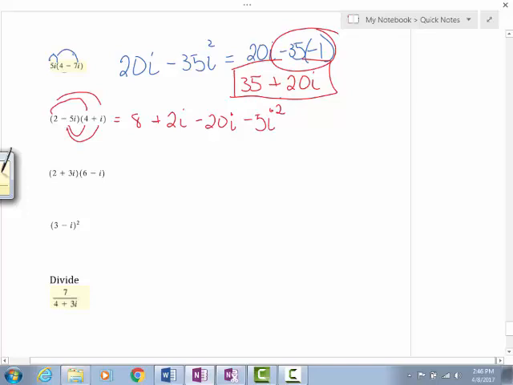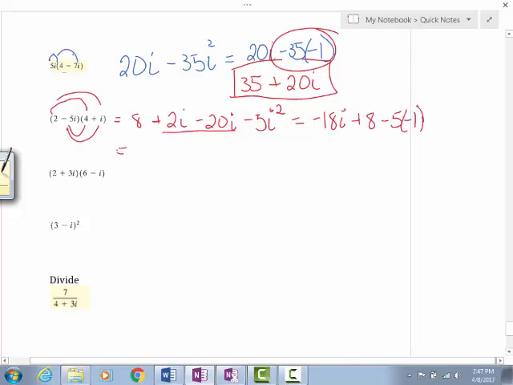Okay? So now, I'm going to go ahead and do the next part. I can combine these two terms here. They're like terms. So a plus 2i and a minus 20i is going to give me a negative 18i. I'll write my plus 8 after that. And then remember, that's negative 5. We said i squared was negative 1.